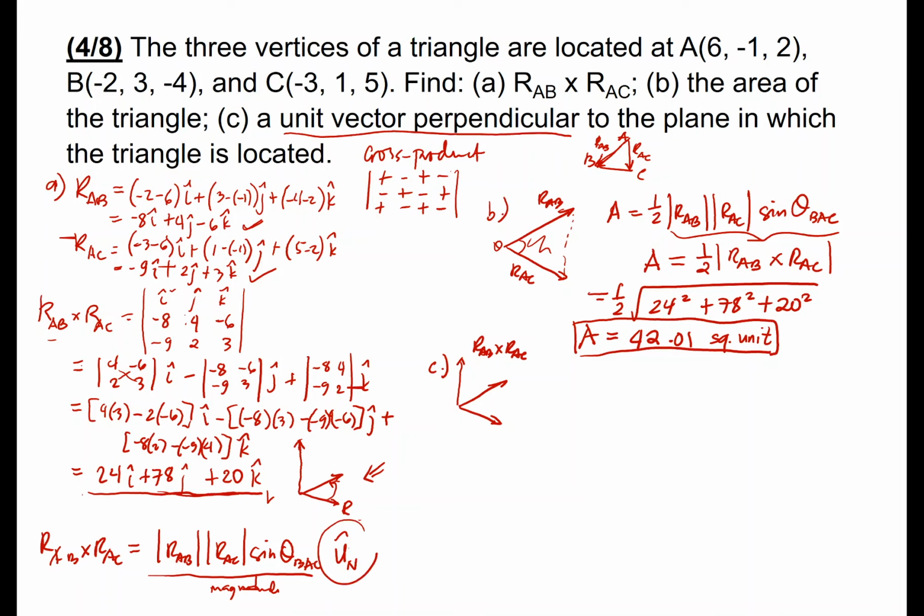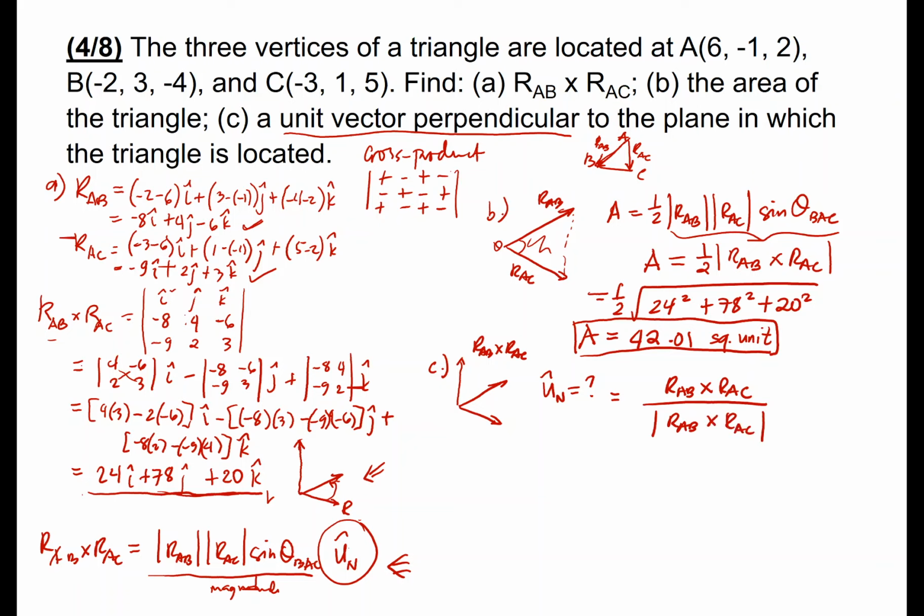How do you get un? Very simple. From this formula, un is equal to the cross product vector divided by its magnitude, the magnitude of RAB cross RAC.